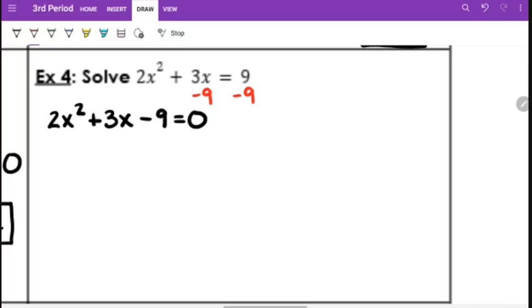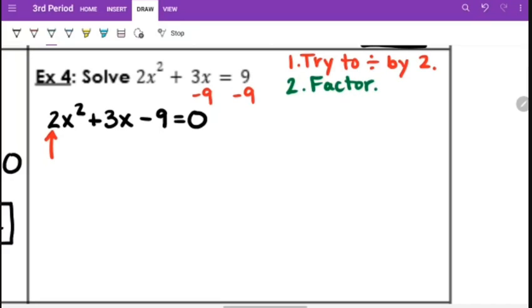Now it's time to start thinking about factoring. But we have this 2 in the front of our x squared, so we're going to have to first try to divide everything by 2. And then after that, we factor. So, can we divide everything by 2 without getting decimal numbers or fractions?